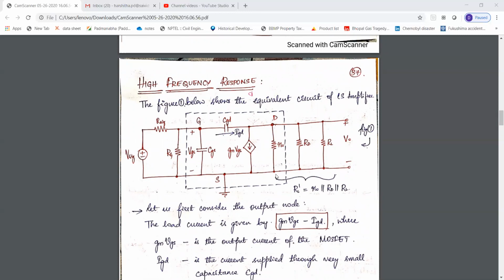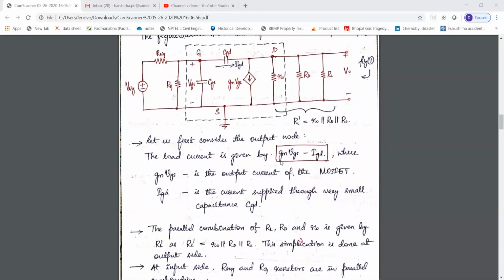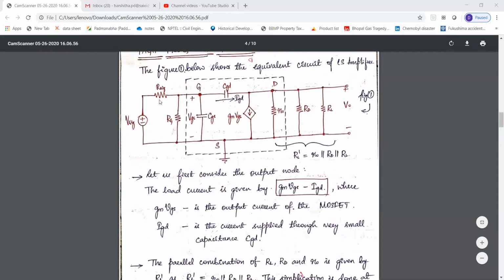Let's see how. These three resistances you can see here, RO, RD, and RL, are connected in parallel, isn't it? So these three can be replaced by one single resistor, that is RL dash, which is the parallel combination of the three. And next we have resistances R signal and RG, which are in parallel.